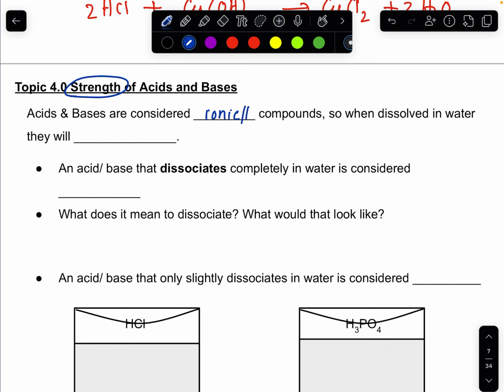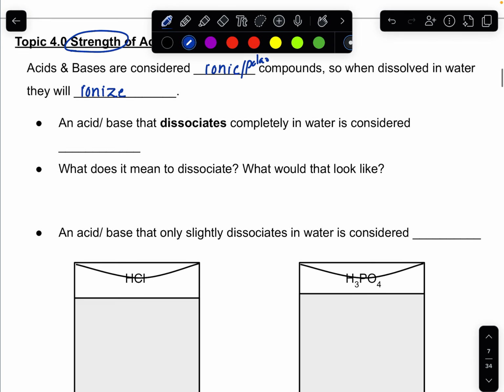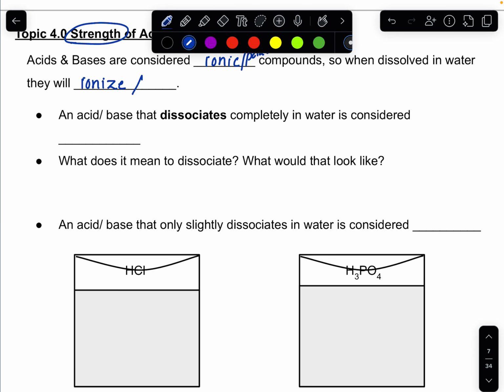So you can say ionic or polar compounds. When dissolved in water, they will ionize. Acids, you can say, ionize or dissociate.